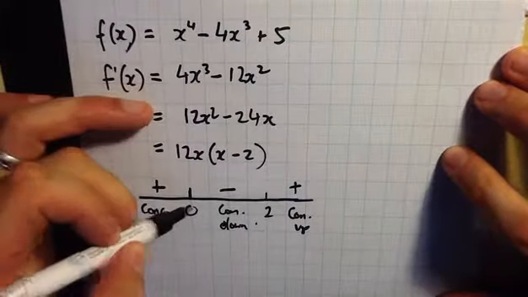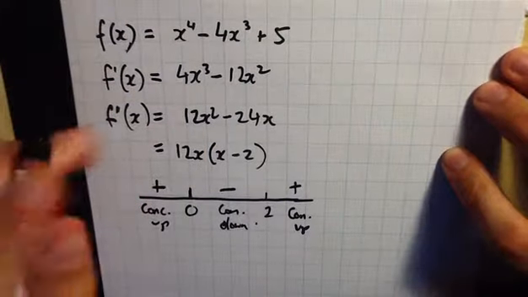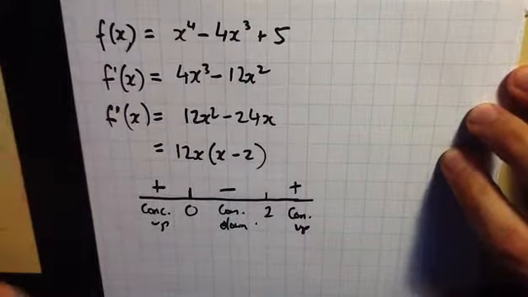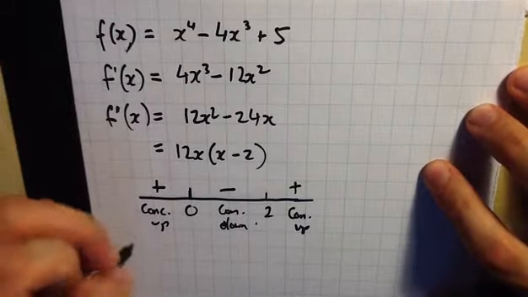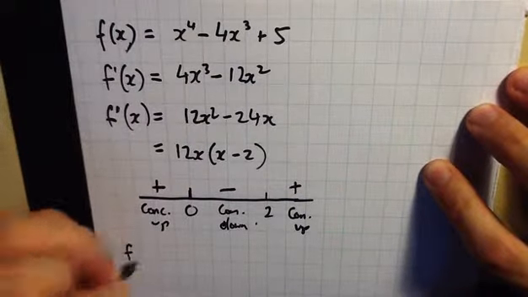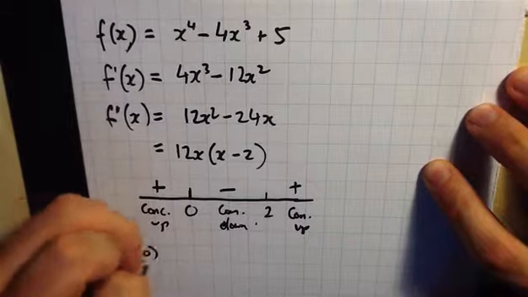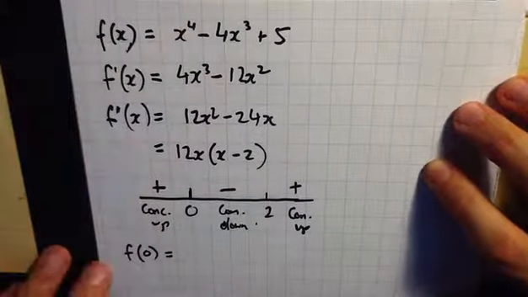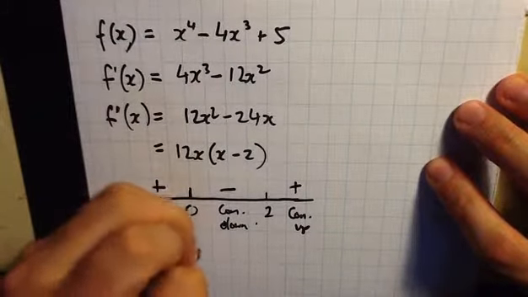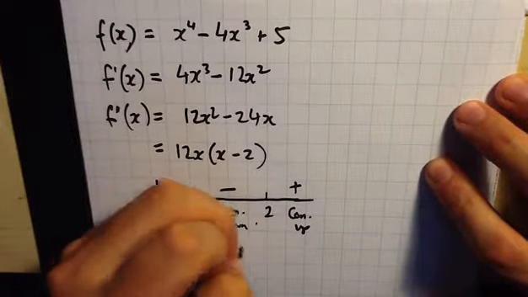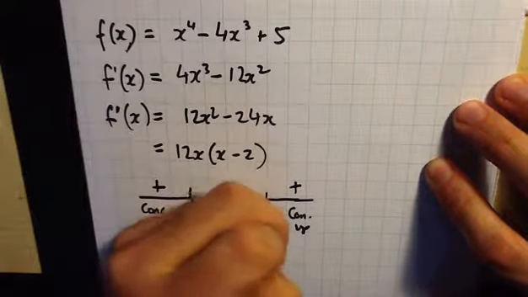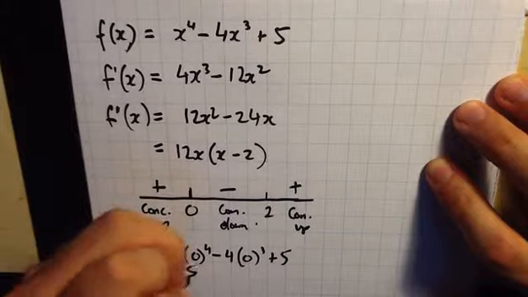So I know I've got a point of inflection at x equals 0 and a point of inflection at x equals 2. I need to get the y value, so I do f of 0, I sub it into the original function, so it's going to be 0 to the power 4 minus 4 times 0 cubed plus 5, so f of 0 gives me 5.